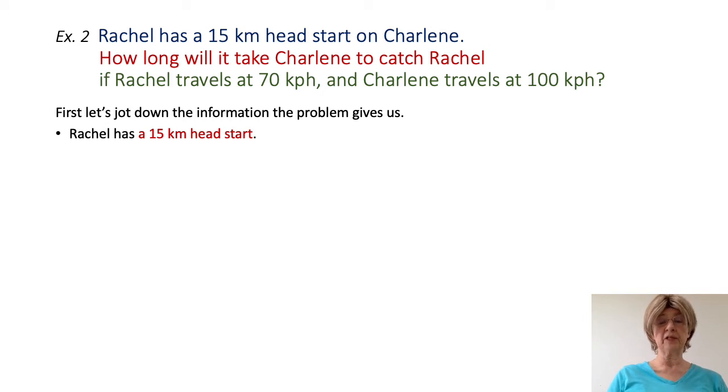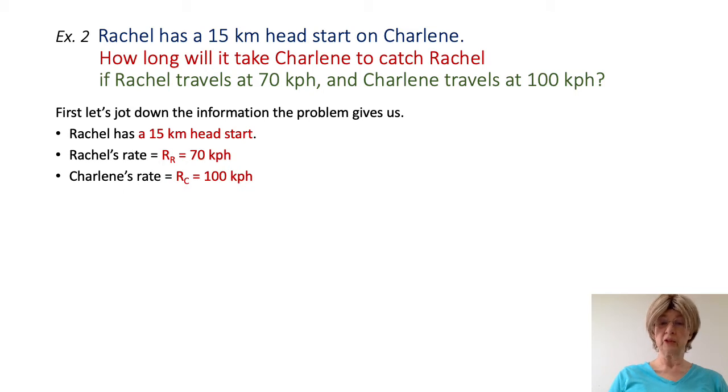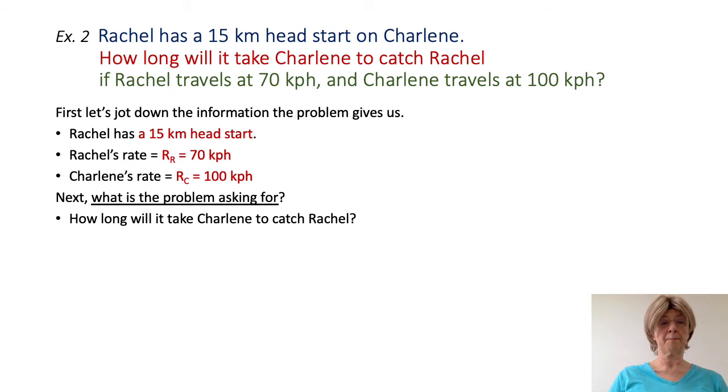Rachel has a 15-kilometer head start. Rachel's rate, which we will call R sub R, equals 70 kph. Charlene's rate, which we will call R sub C, equals 100 kph. Next, what is the problem asking for? How long will it take Charlene to catch Rachel?